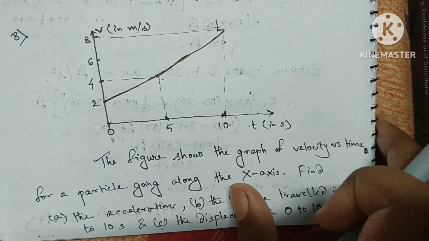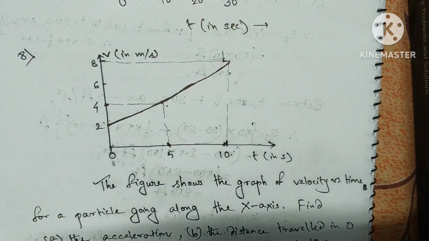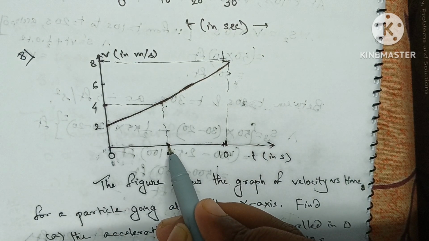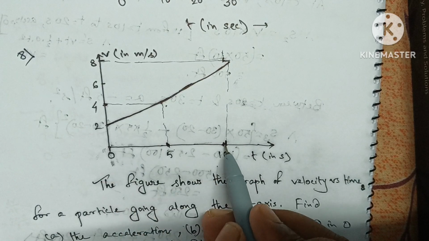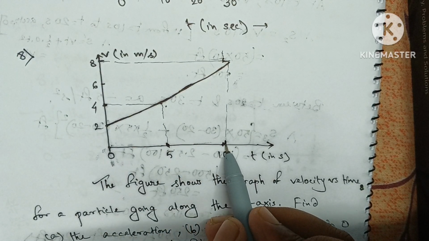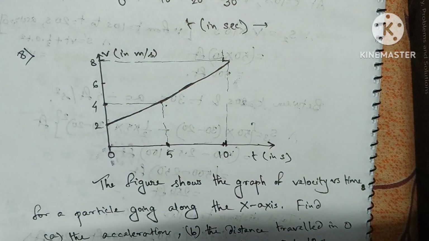Here is the graph. Look at it carefully. When t is equal to 0, v was 2 meter per second. At t is equal to 5 seconds, it was 4 meter per second. At t is equal to 10 seconds, v is equal to 8 meter per second.